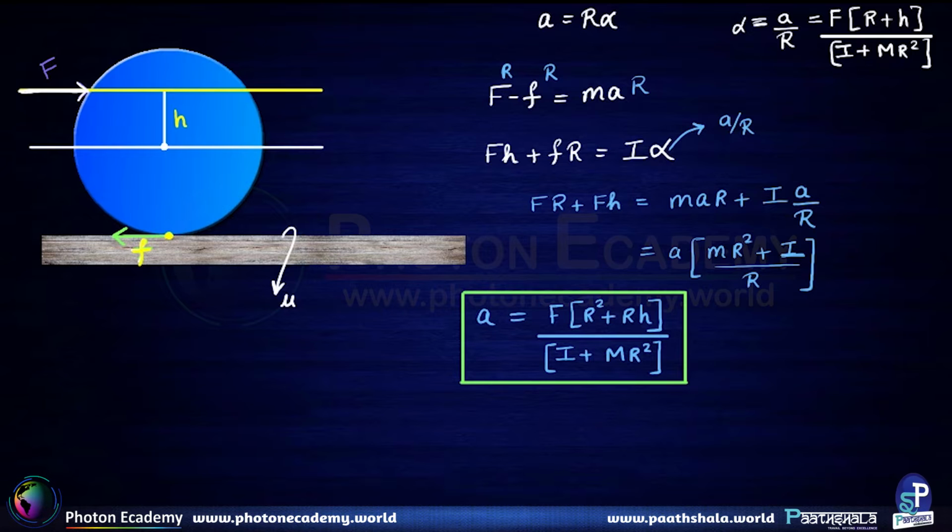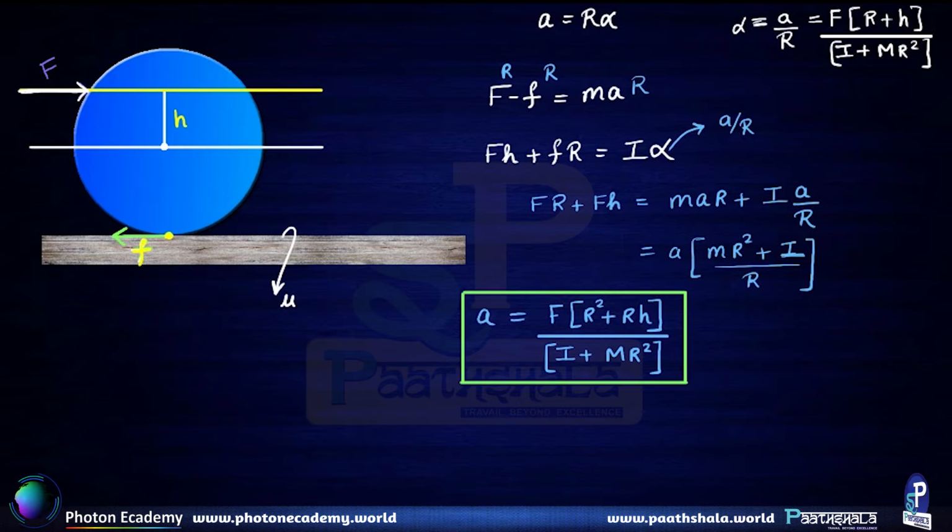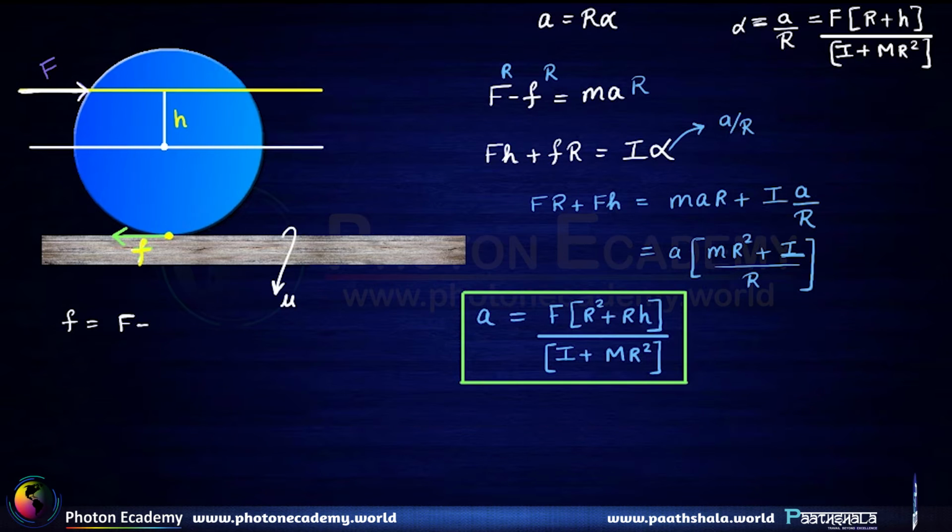Now let us talk about finding the friction force. Now in this equation, friction force is simply going to be equal to capital F minus ma, and we already know a. So if we just perform this operation, capital F minus ma, let us see what we get. So friction force is going to be equal to capital F minus ma.